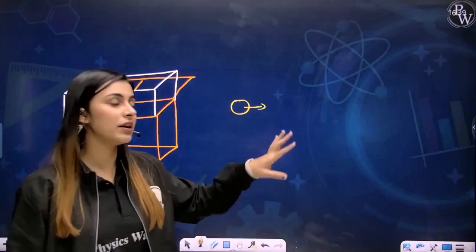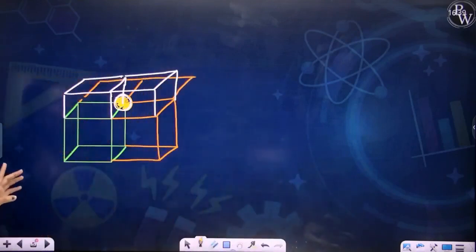This one particular atom at corner is actually divided in 8 different rooms, and in each room the contribution will be 1/8. So the contribution of an atom at the corner is always equal to 1/8. I hope you're clear with this.